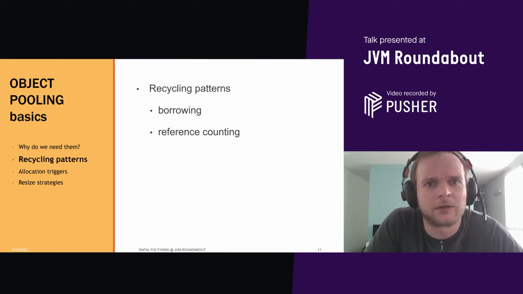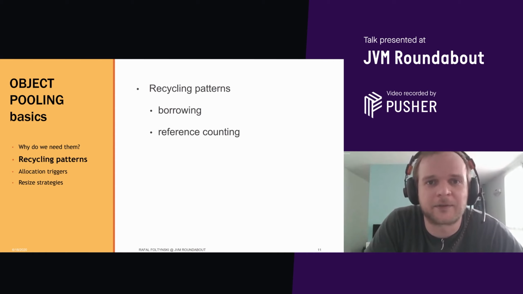There are a few recycling patterns. One pattern is borrowing, where you physically remove the object from the pool, and then the new owner of the borrowed object has to explicitly return it to the pool.